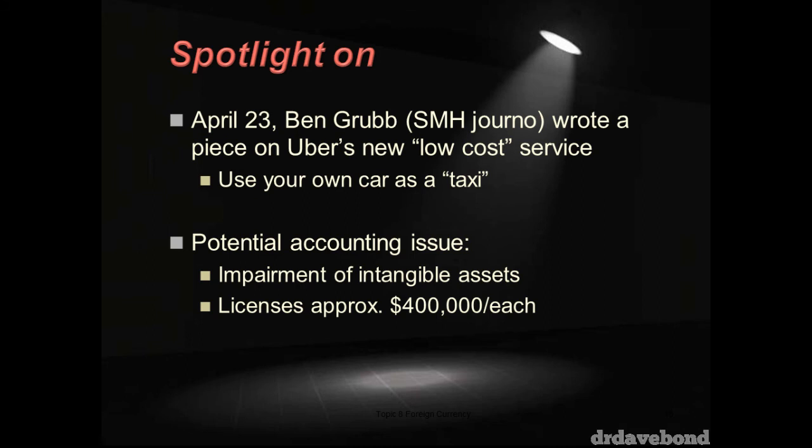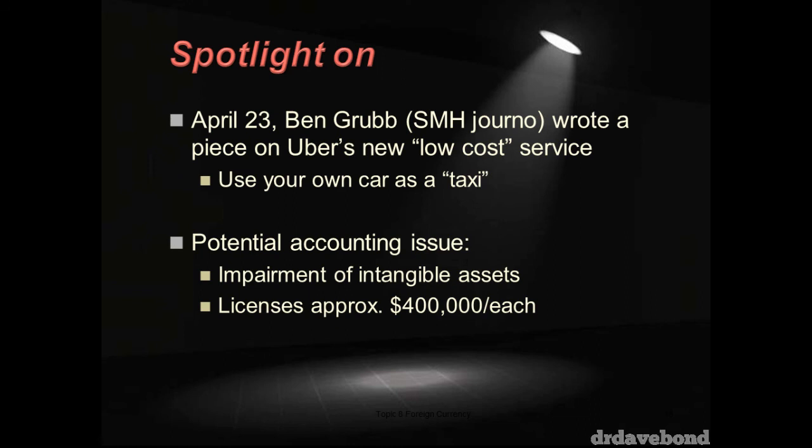Now, the accounting thing, which I thought was really interesting from that, is that taxi licenses are expensive. I was actually wrong when I told you taxi licenses cost $250,000. They actually cost about $400,000. If this takes off, he was saying the trips he took cost about 50% of the price of a normal taxi. That may mean people start moving away from the normal taxi model and using this sort of service more.